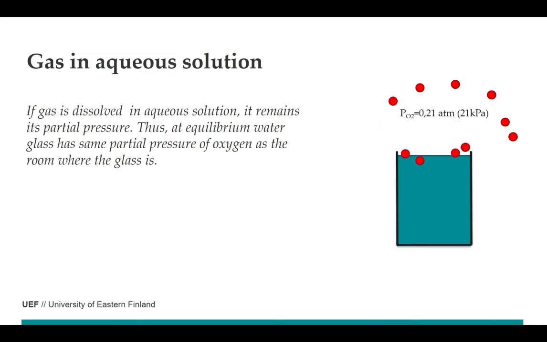There are oxygen molecules dissolved in this aqueous solution, and it will retain the partial pressure. So in equilibrium, in the water glass, you have the same partial pressure of oxygen as you have in the air. And this is a very good thing.